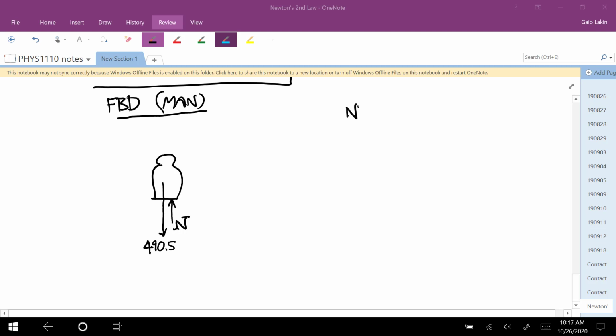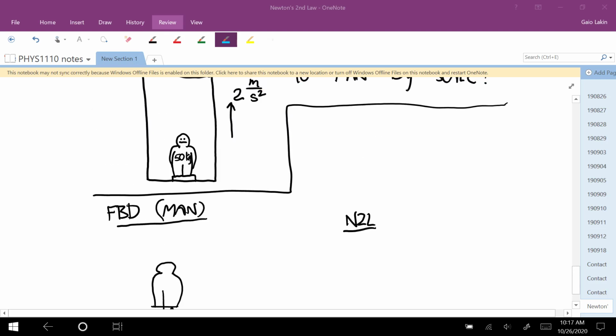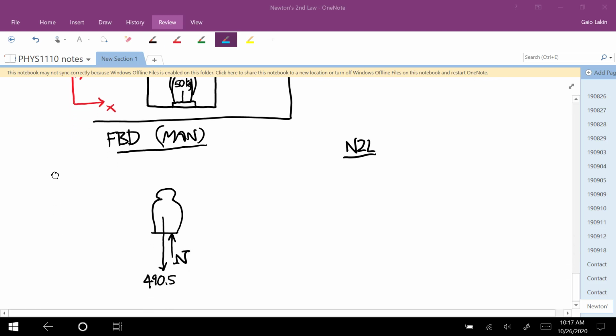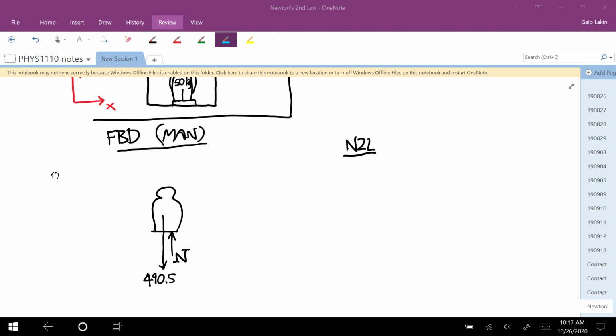And now we can go to Newton's second law. Again, I'm going to use just the coordinate system that we're used to using. Okay, so the weight, that's in the negative y direction, so 0, negative 490.5.